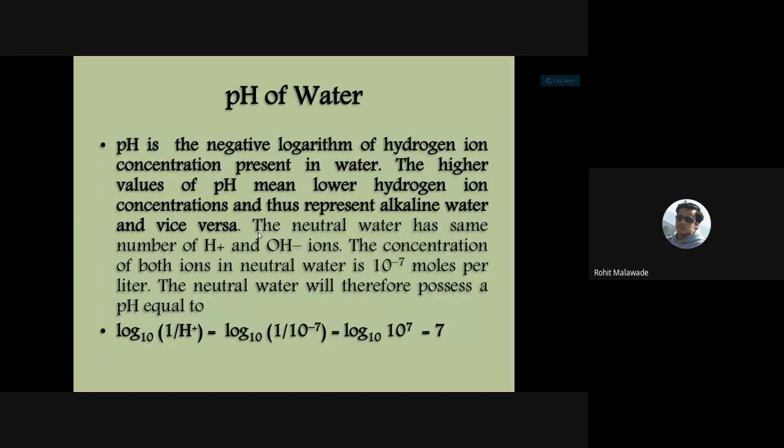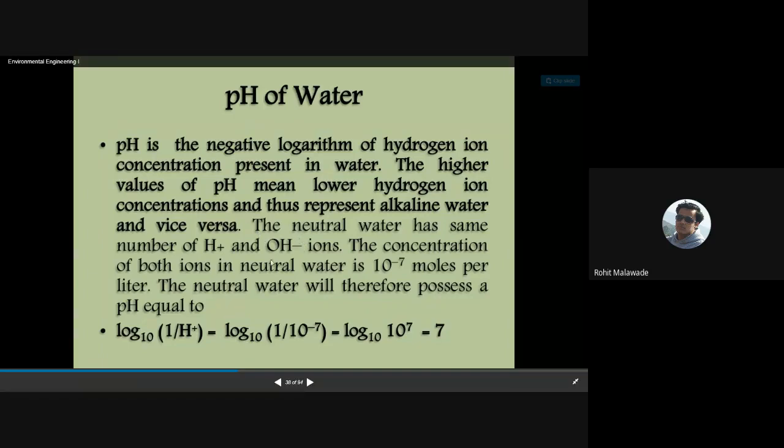If we have more OH minus ions, we call it basic in nature. If we have more H plus ions, we call it acidic in nature. For example, what does acid mean?